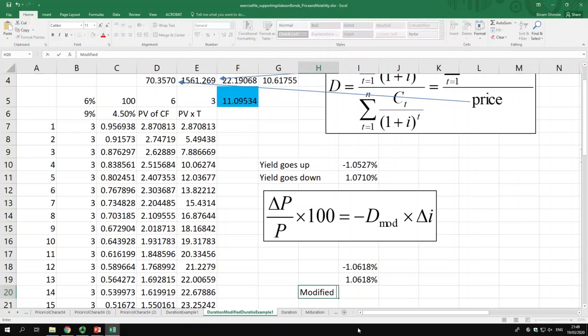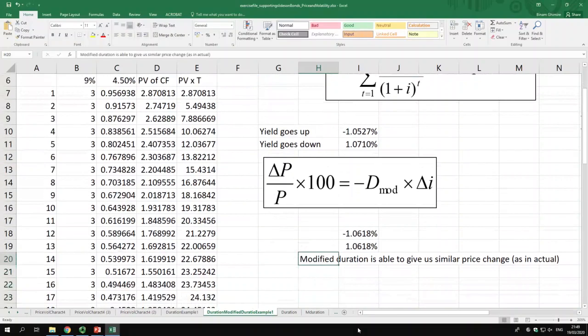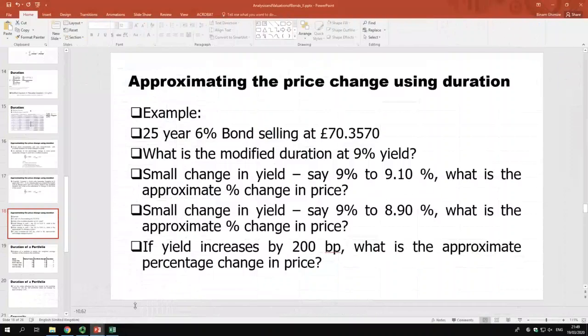Modified duration is able to give us similar price change, similar as in actual. Okay, and this has happened when the yield change is small. The yield change was only from 9 to 9.10, or from 9 to, remember, 8.9.